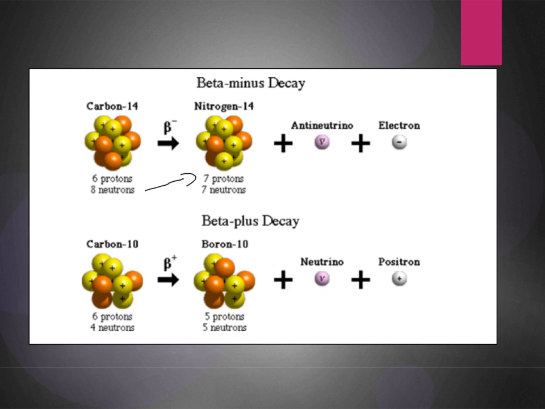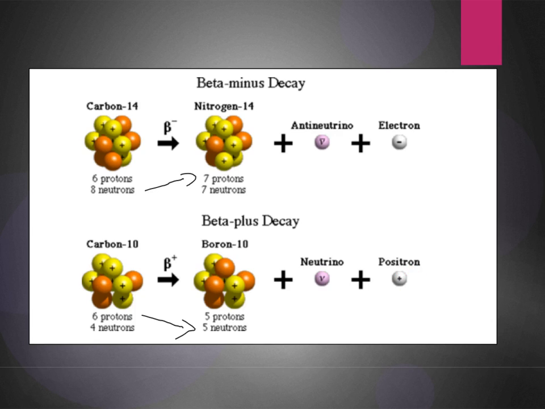This is opposite to our beta plus decay, where this time we have carbon-10 becoming boron-10, with one of the protons becoming a neutron, release of a neutrino, and a release of the positron. We can see its positive charge here.